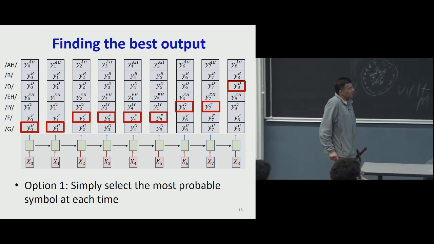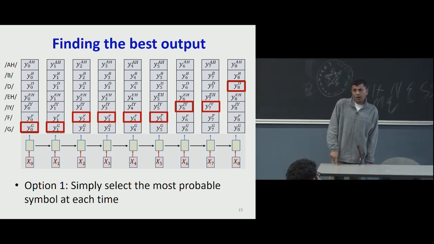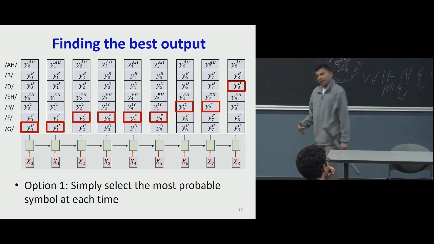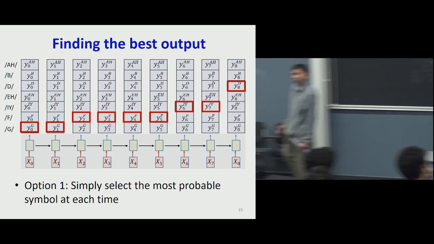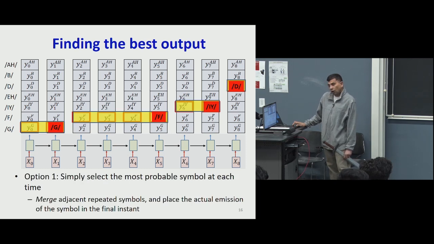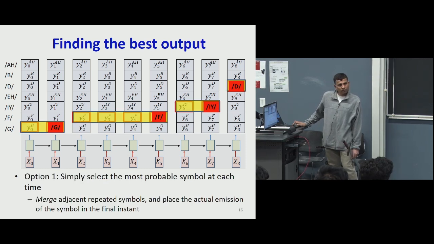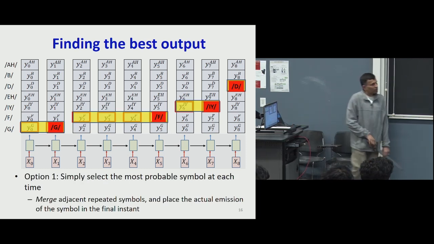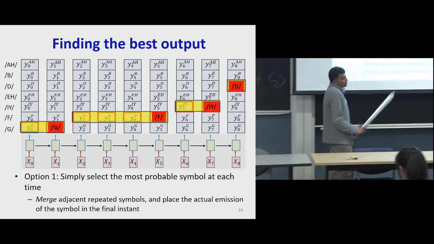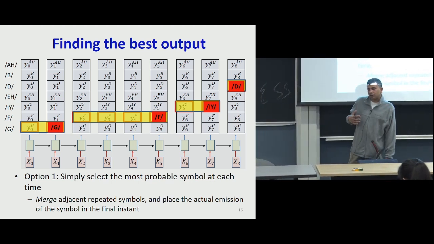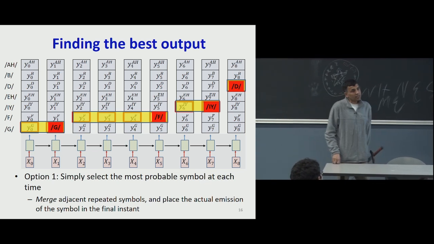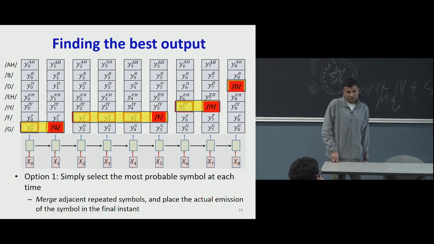If you pick the most likely output at each point, then the product of their probabilities is going to be fairly high, and so you would approximately pick the most likely sequence. Once you've done this, you can just merge all repetitions of a symbol, with the hypothesis that the final instance in the repetition is the actual symbol you want to output. And you can be somewhat confident that this symbol sequence is indeed the most likely symbol sequence.